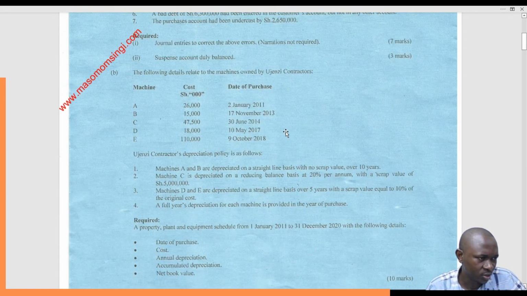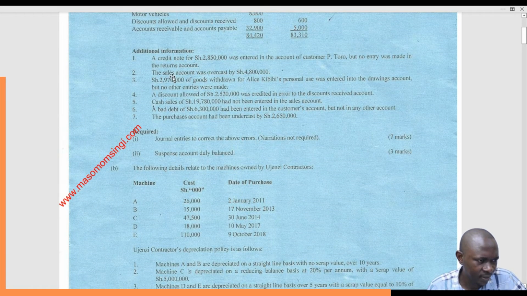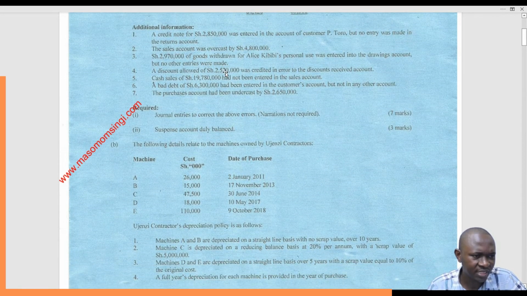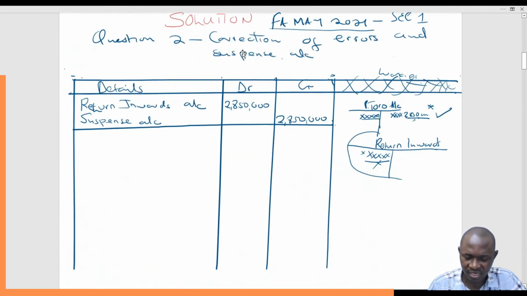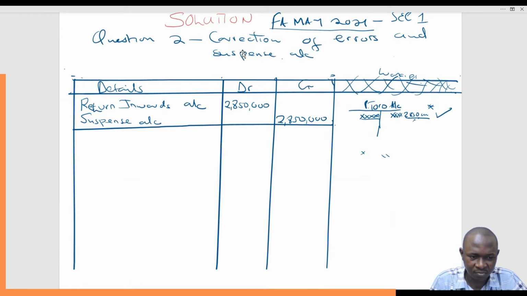error. So the second error is the sales account was overcast by 4.8 million.